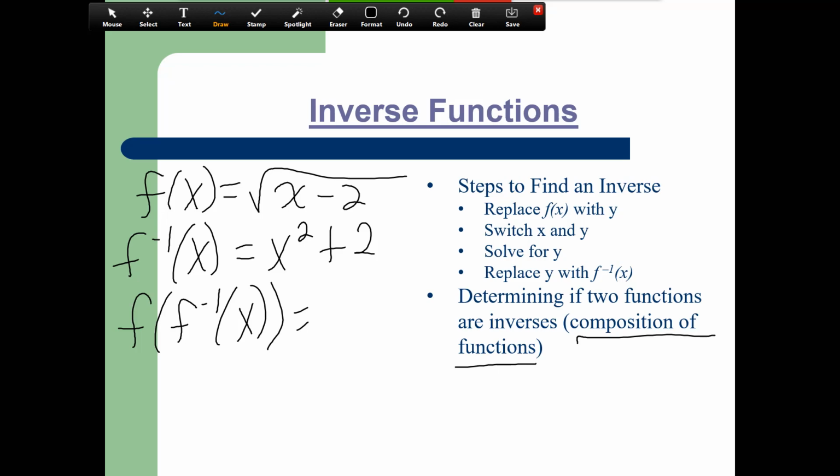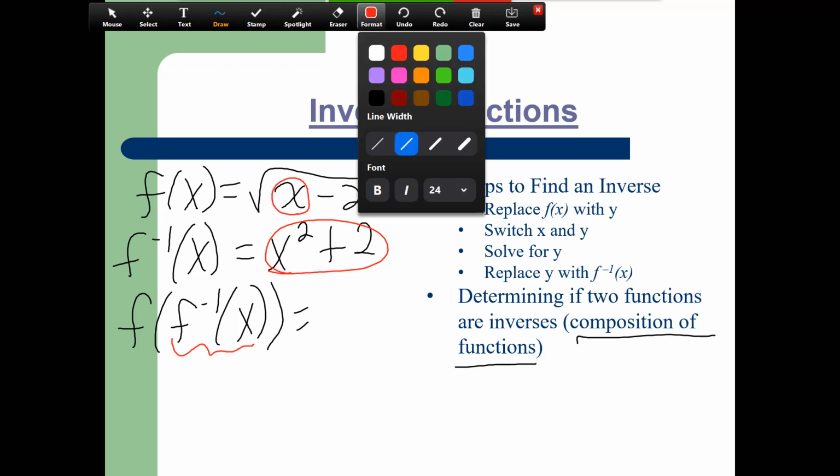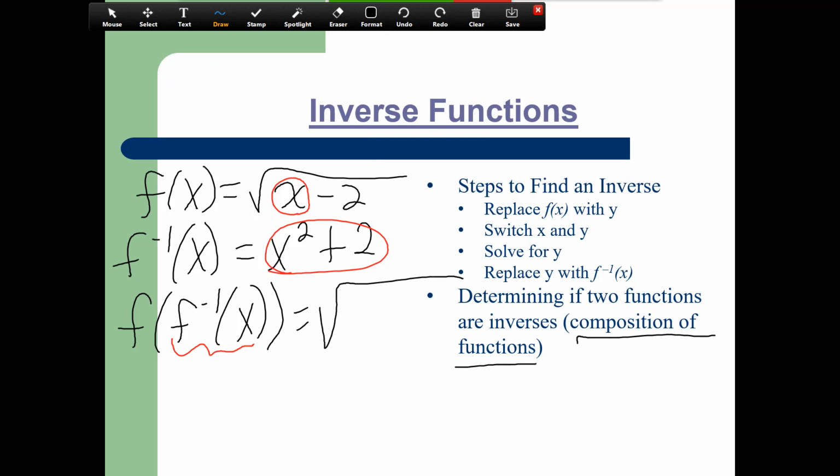So on this particular one here, we're going to take this and we're going to plug it in right there since this function is getting plugged inside. That's going to give us the square root of x squared plus 2, that's what we're plugging in, minus 2.